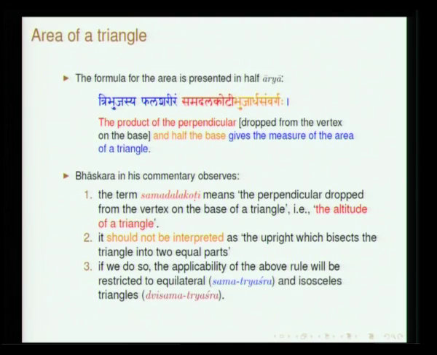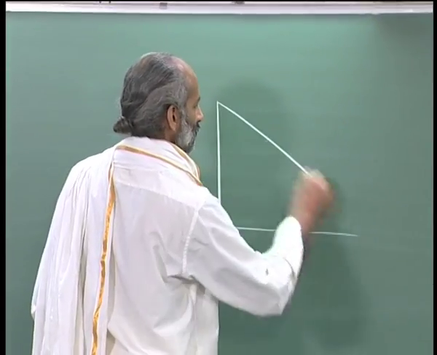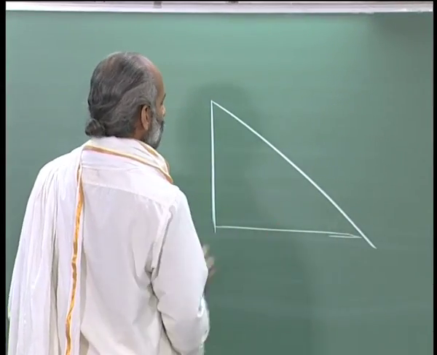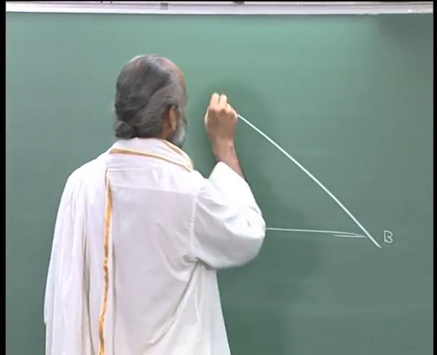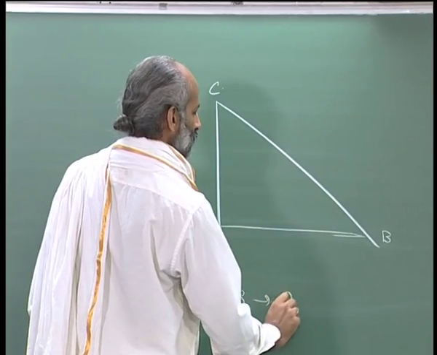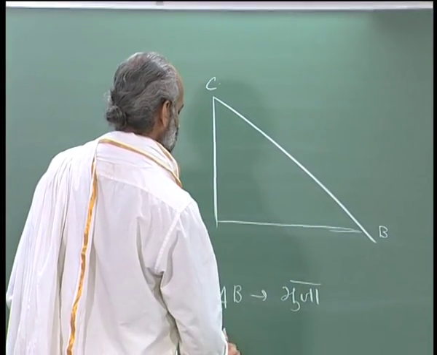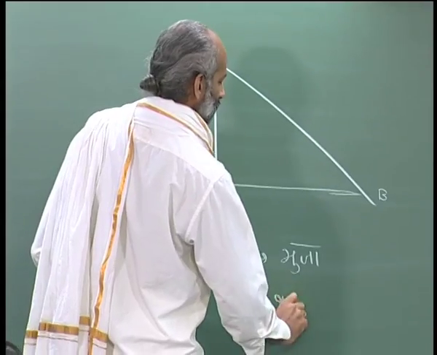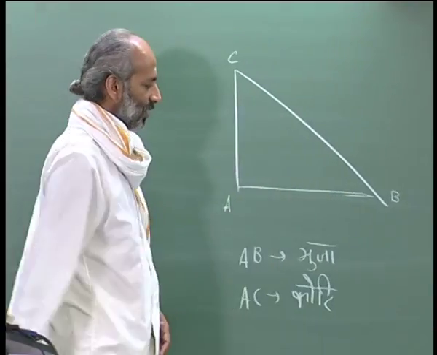See, in a triangle usually if we have a right angle triangle, let us say ABC. If AB is bhuja, then AC is koti, and of course, this is called karna.